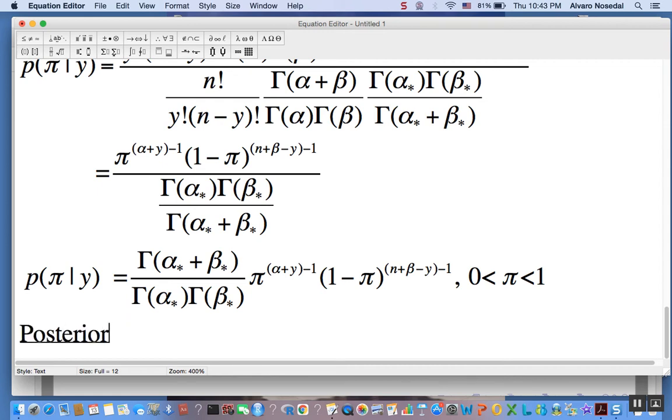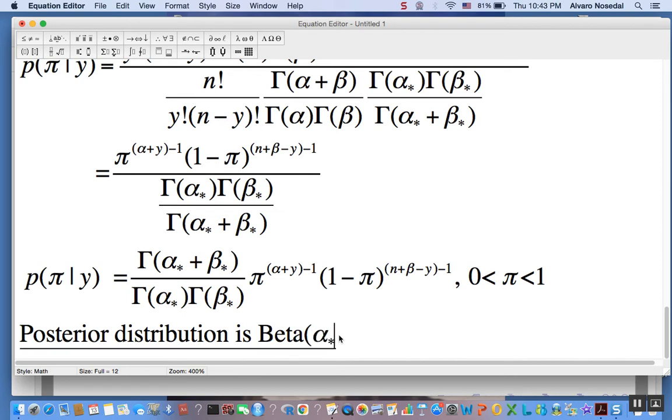So the posterior distribution is beta with parameters alpha star, and alpha star happens to be alpha plus y, and beta star is just n plus beta minus y.